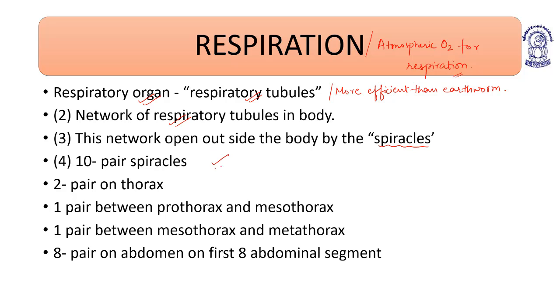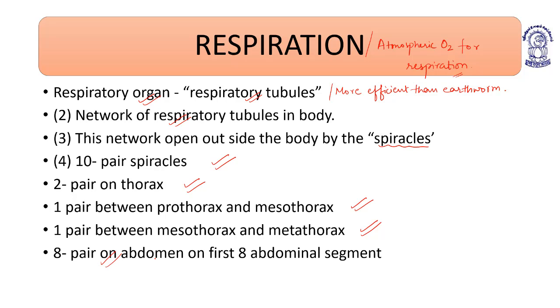There are 10 pairs of spiracles. Two pairs are present on the thorax: one between the prothorax and mesothorax, and the other pair between the mesothorax and metathorax.